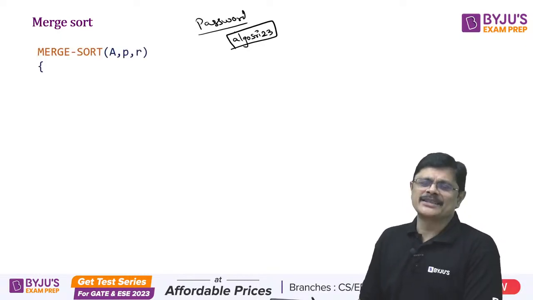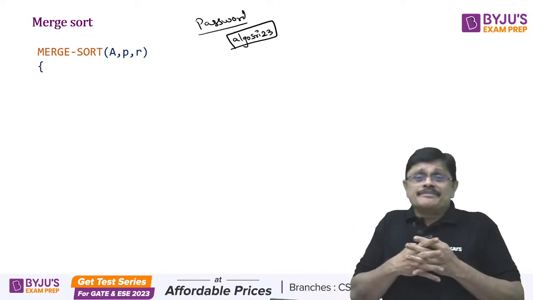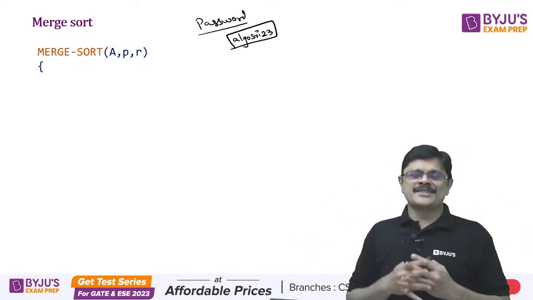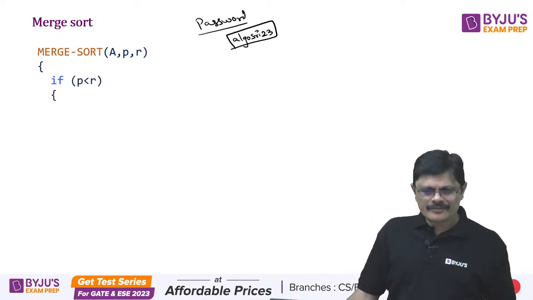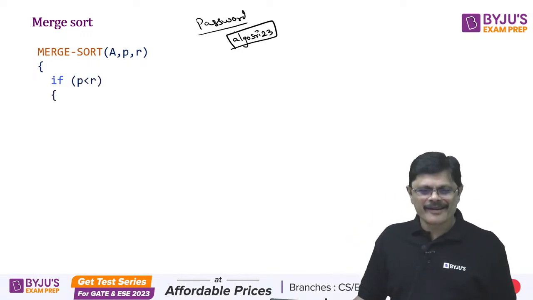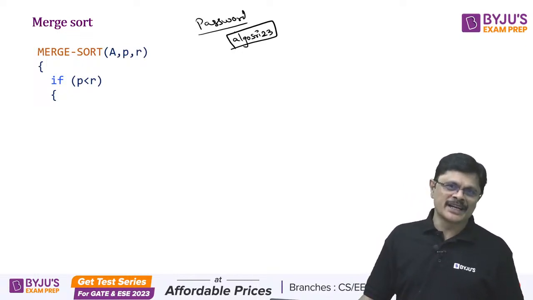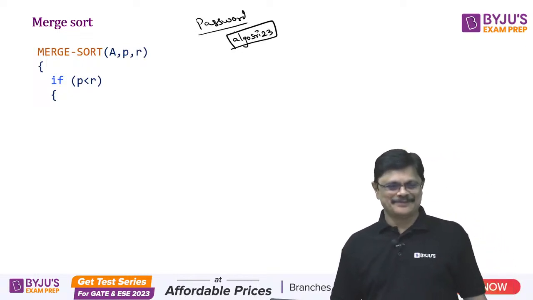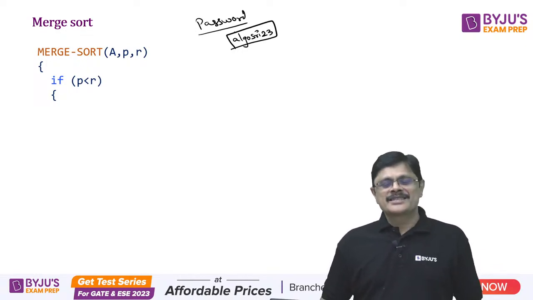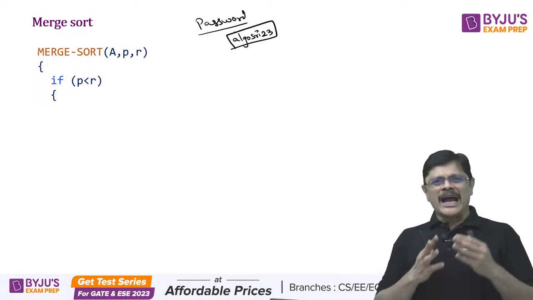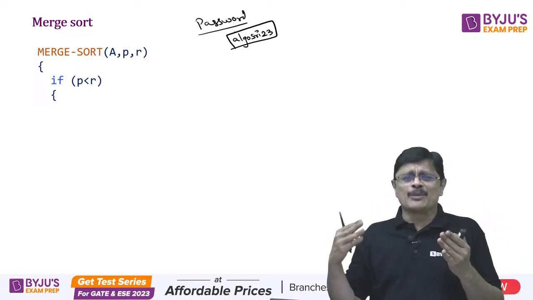So the merge sort. You have an array of n elements and you want to sort it. Generally we have P meaning the leftmost element index, and R meaning the rightmost element index.